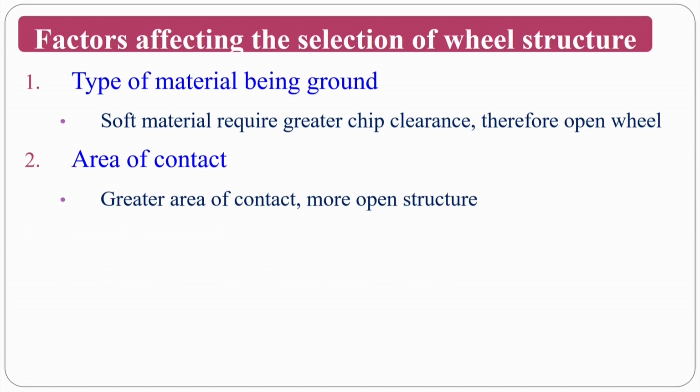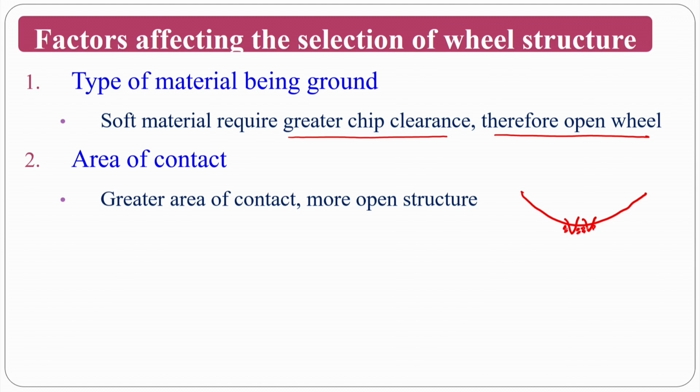Regarding the type of material being ground, softer materials require greater chip clearance, therefore you need an open wheel. If I have a wheel like this with two abrasive particles here, and I am going for a softer material, my material removal is very high, so the material will come and accumulate here.